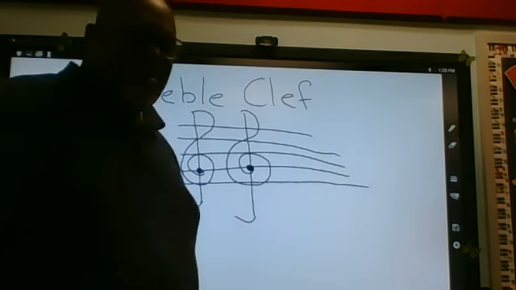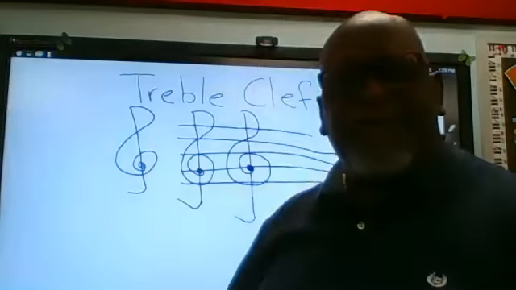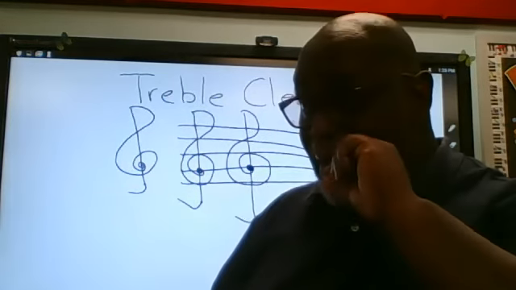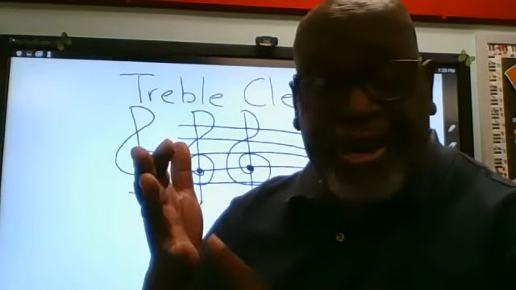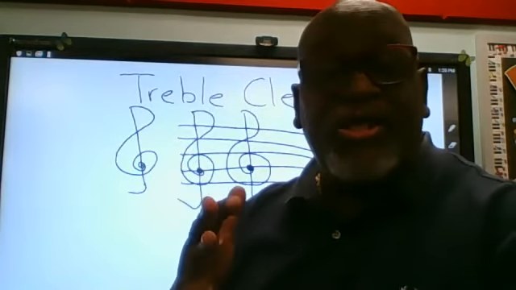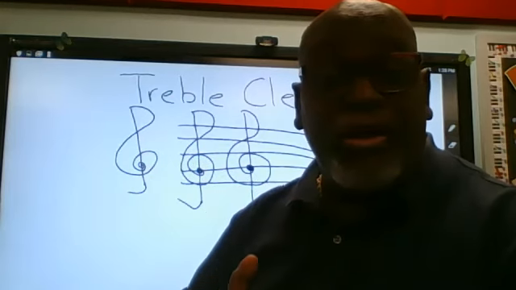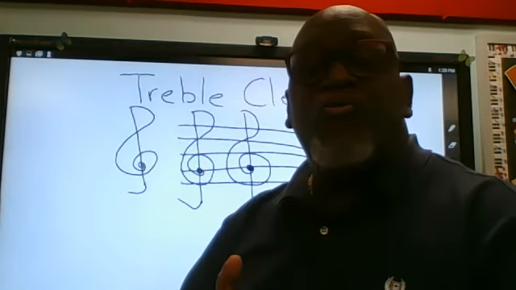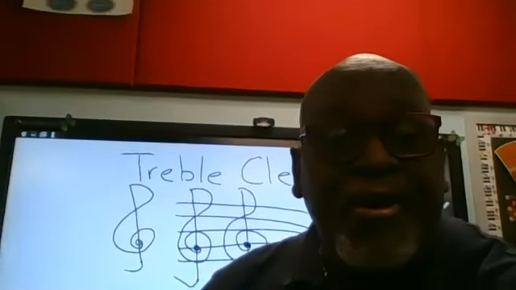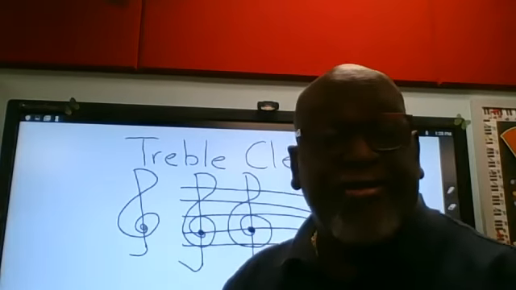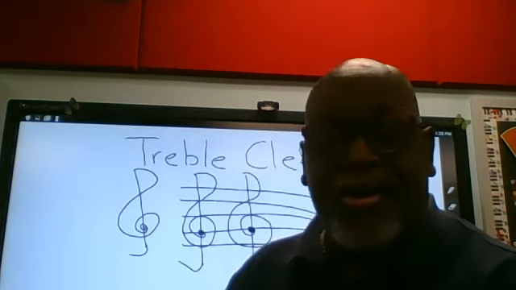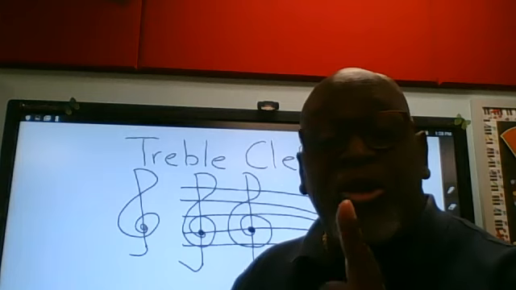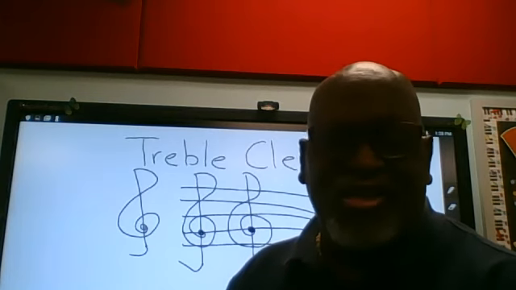Got it? Okay. So now let's talk about what we've talked about today so far. We've talked about pitch, which is the highness and the lowness of sound. We've talked about sound. And what is sound? Right. Anything you can hear is a sound.